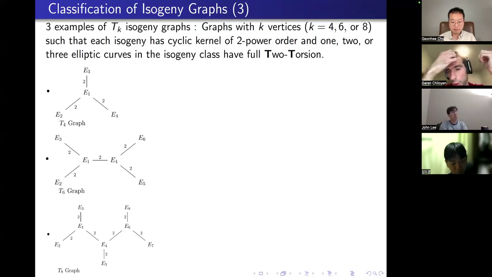This is purely an elliptic curve property. So if you look at any 4 isogeny, 2, 2, this curve in the middle has full 2 torsion. Or 2, 2 here, full 2 torsion. That is the only thing that I came up with that was not in Kenku's paper. So these isogeny graphs really are equivalent to Kenku's paper.